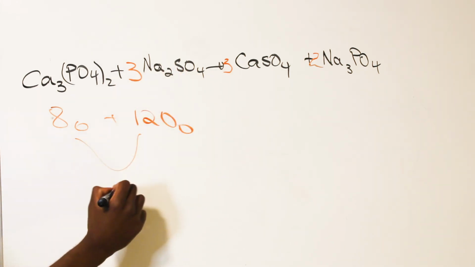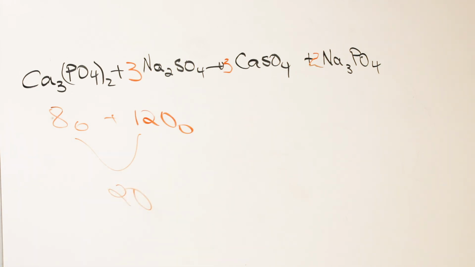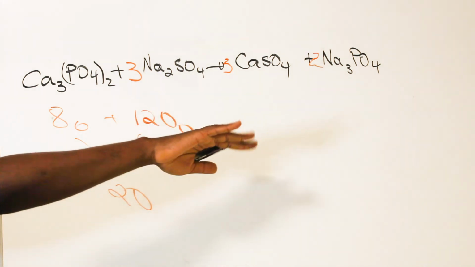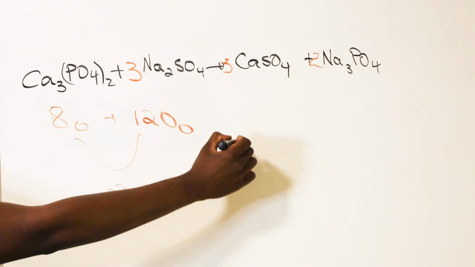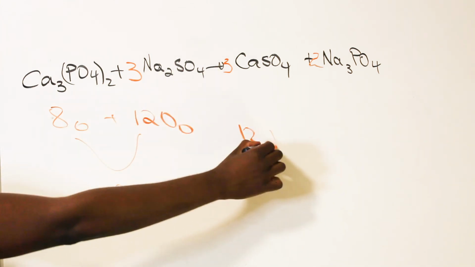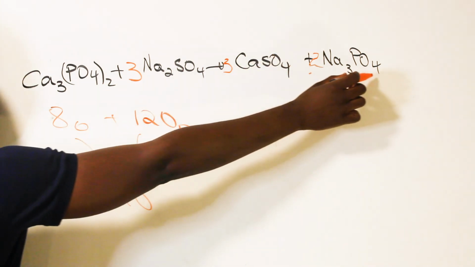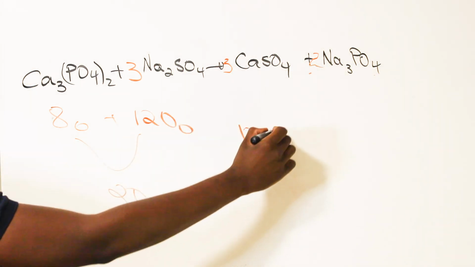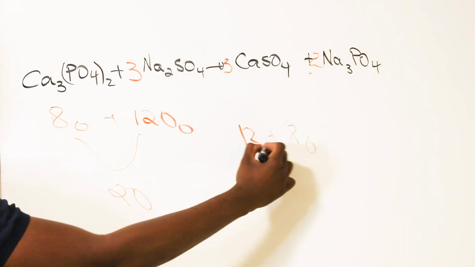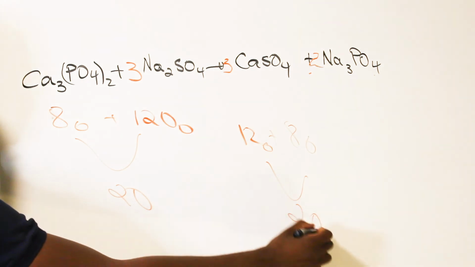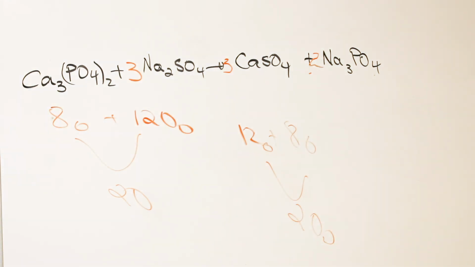So that gives me 20 oxygen. And on the other side, we have 3 times 4 is 12 plus 2 times 4 is 8, and we have 20 oxygen. So our equation is balanced.